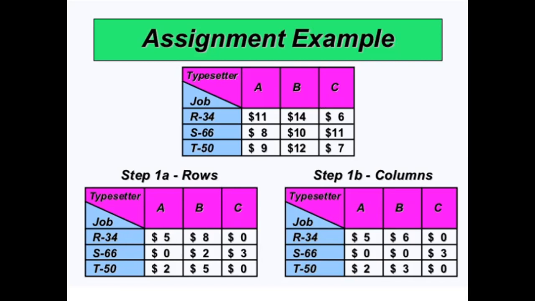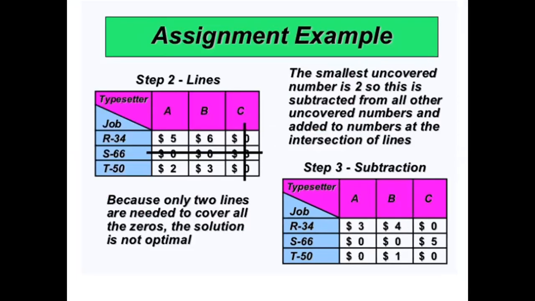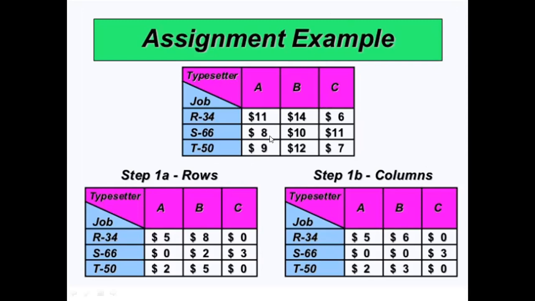And then we will subtract all the numbers in the second row by looking at the $8, $10, and 11. 8 subtracted by 8 is 0, and then 10 subtracted by 8 is 2, and then 11 subtracted by 8 is 3.